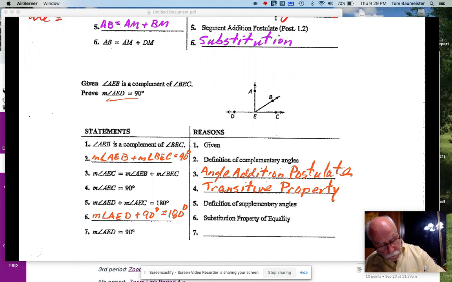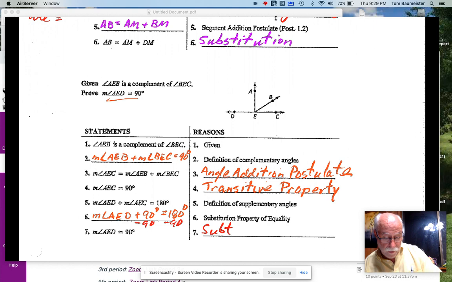I'll do it the old-fashioned way. You subtracted 90 on each side. So what did we just do? That was the subtraction property. And again, it would say of equality, but I'm good with just saying subtraction property.